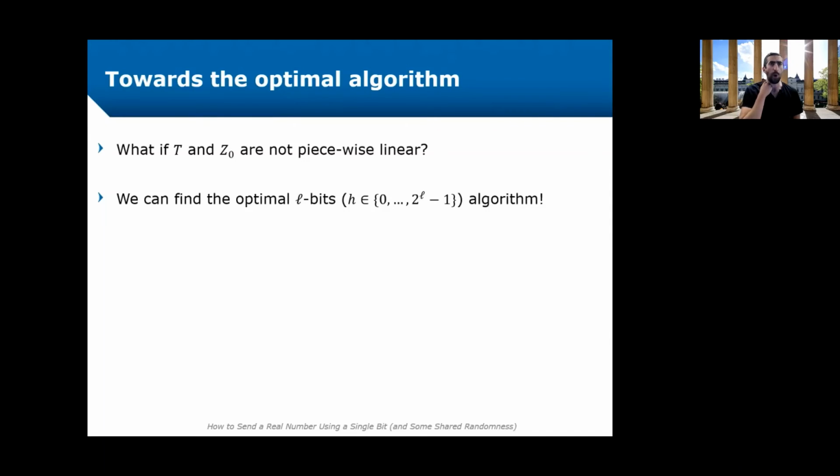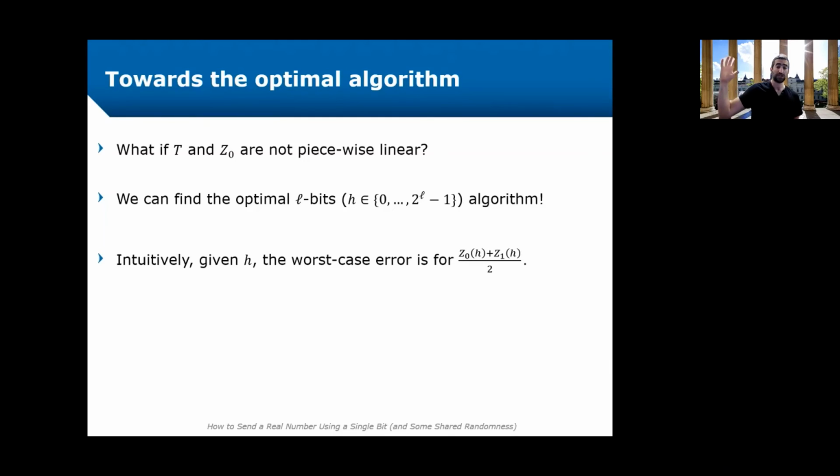Why is that? If you fix the shared randomness, then Angel has two possible estimates, Z0 of H and Z1 of H, and the worst case error is going to be the X value that's right in the middle. We also need to take care of 0 and 1, but other than that, it could only be the X value in the middle.